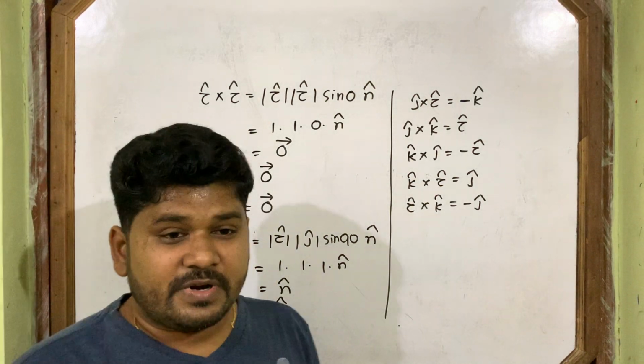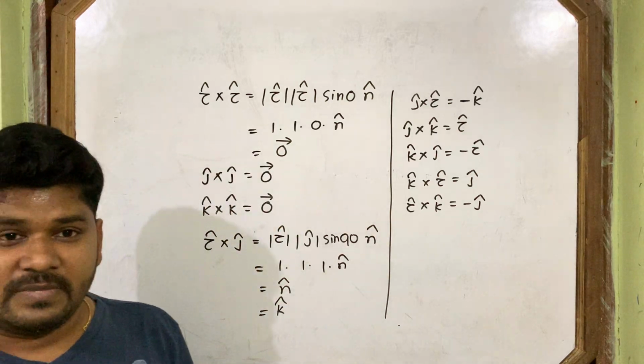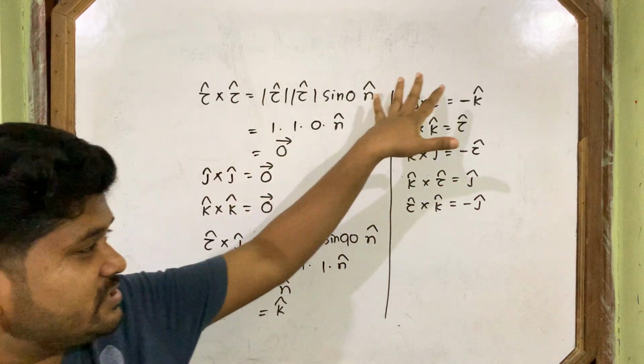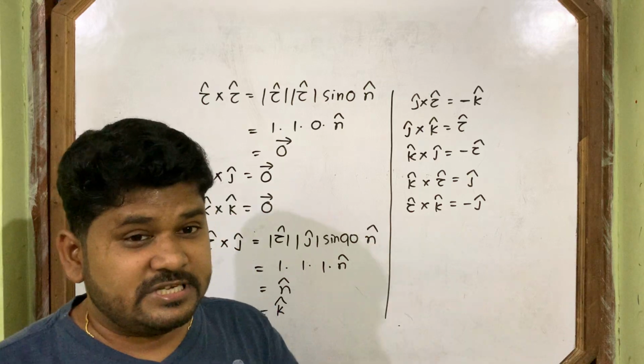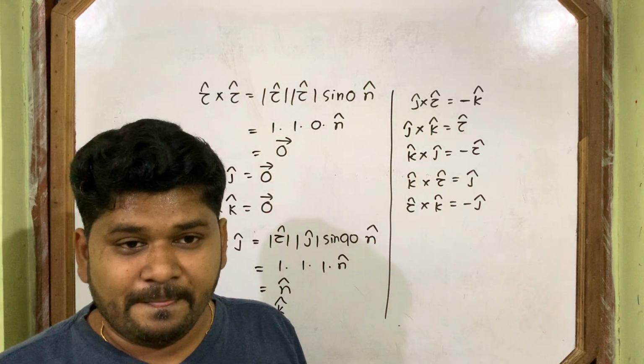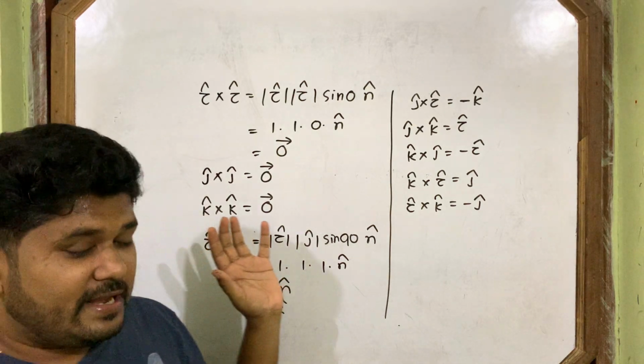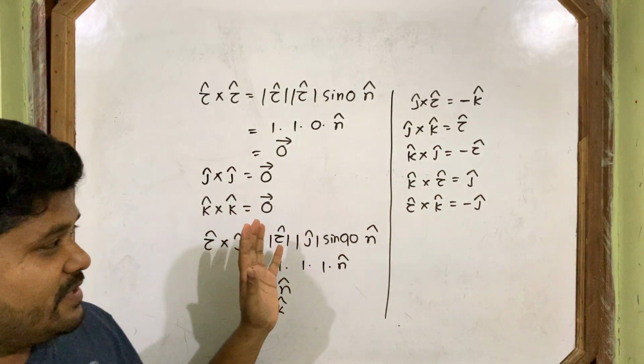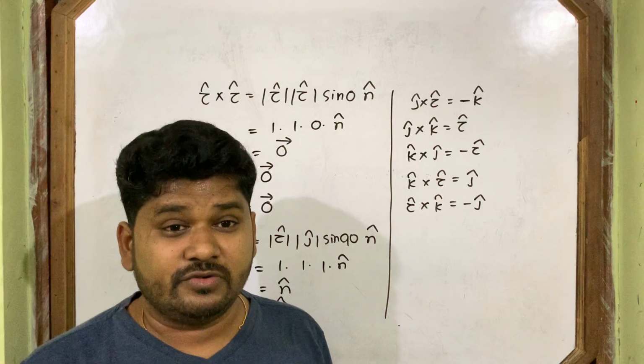So these are the cross products of unit vectors, and you have to remember them. To proceed to the next step, you have to remember this. When anybody asks you the cross product, immediately the answer should come out of your mouth.